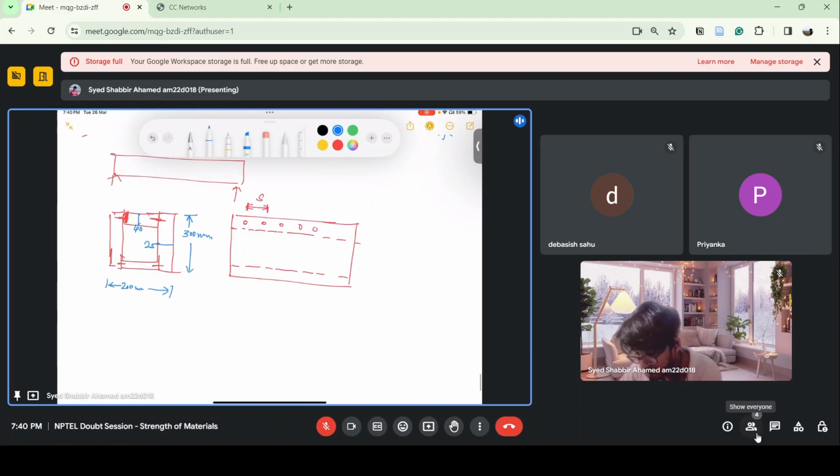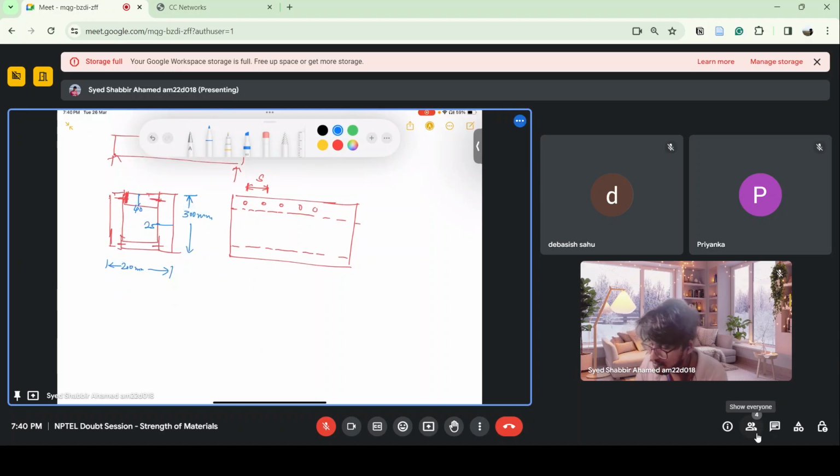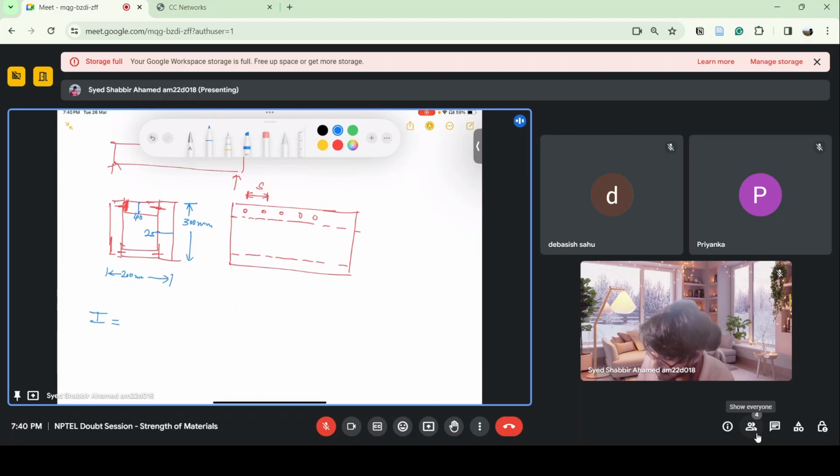So whole of the cross section will resist the bending, and we have I is equals to 200 into 300 cube by 12 minus the inner rectangle, which is 200 minus 50, which is 150 into 300 minus 80 is 220 cube by 12.